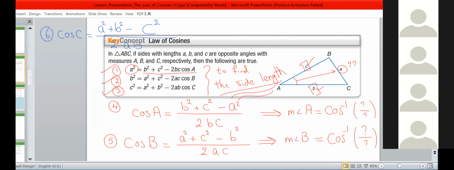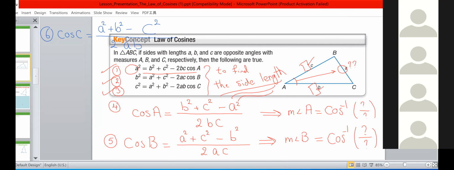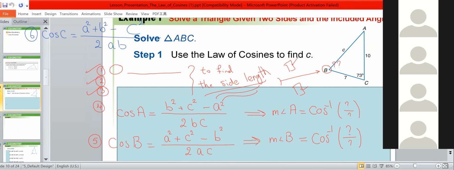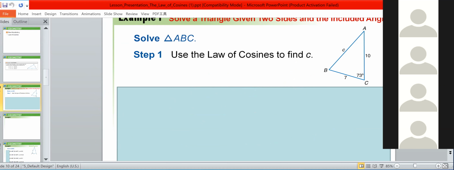Okay, let's go to the first example. This is the first example you have.